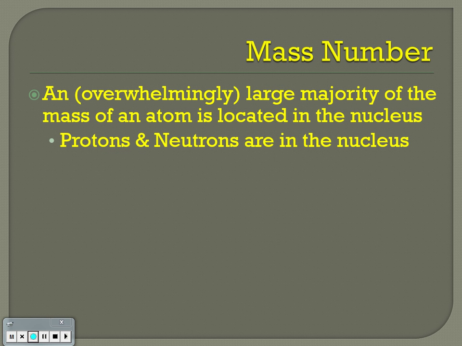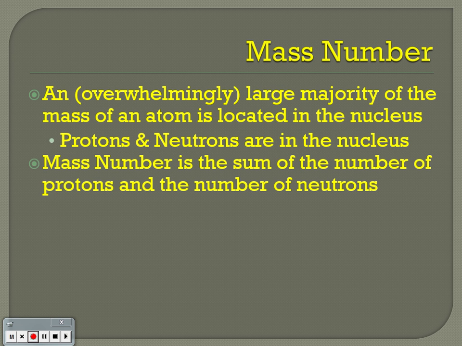So the mass number tells us about the mass, but it doesn't tell us the mass. It tells us the number of protons plus neutrons in the nucleus. It is the sum of the number of protons and the number of neutrons.